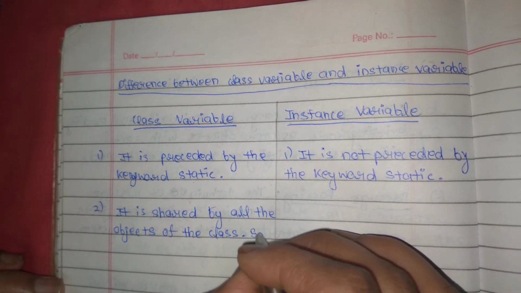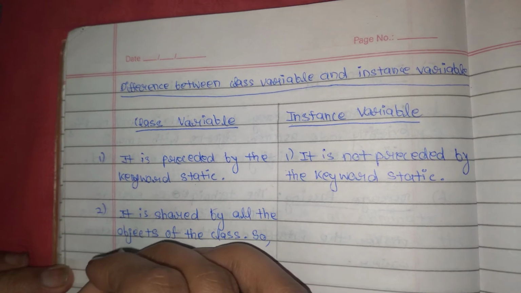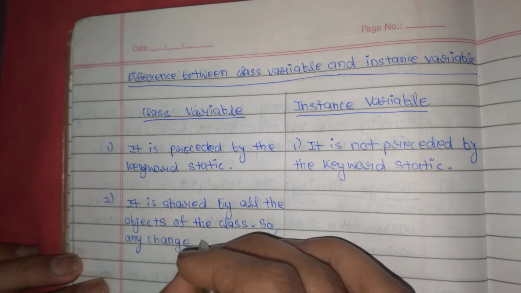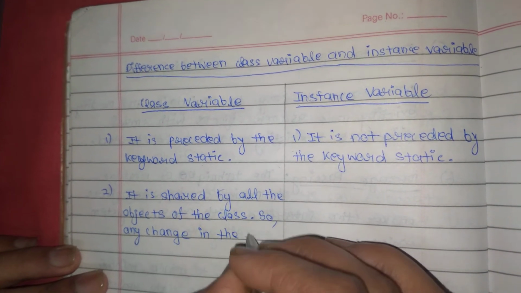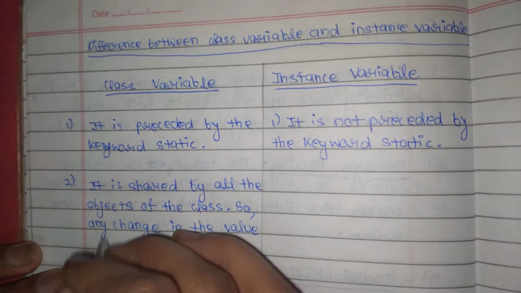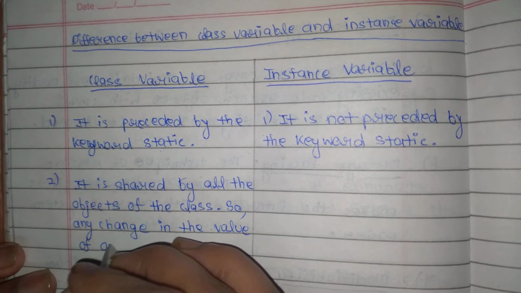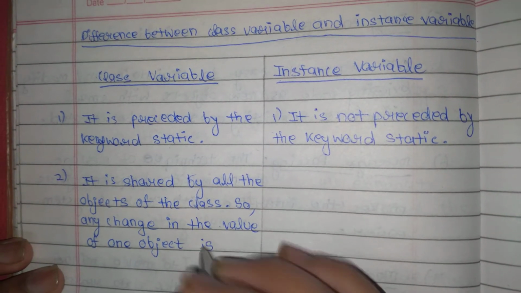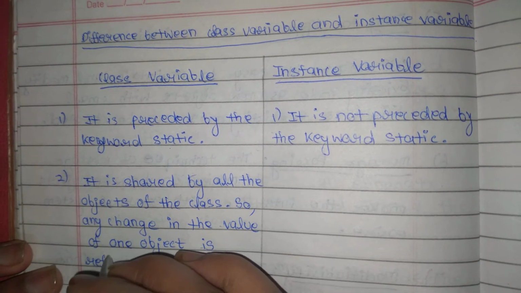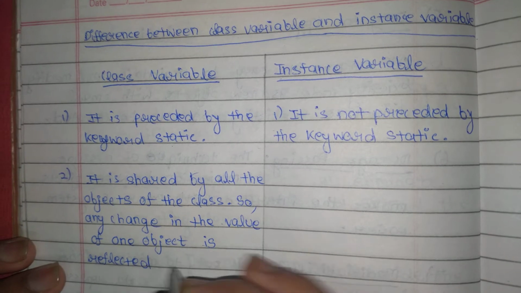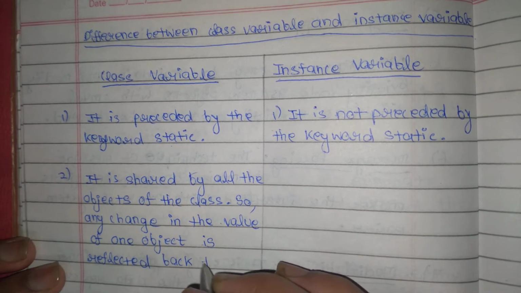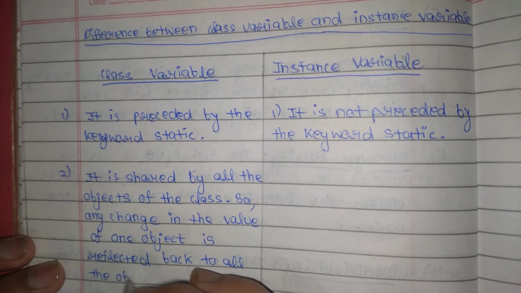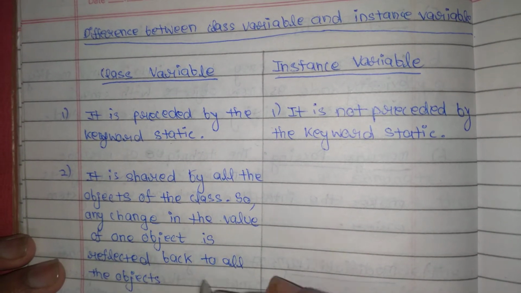So any change in the value of one object is reflected back to all the objects of the class.